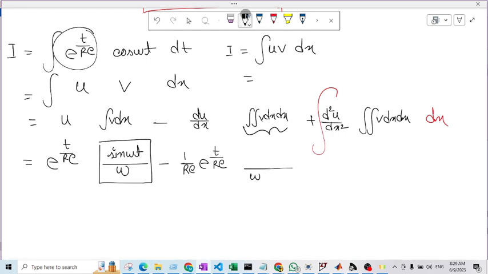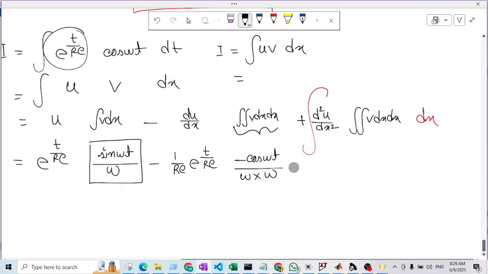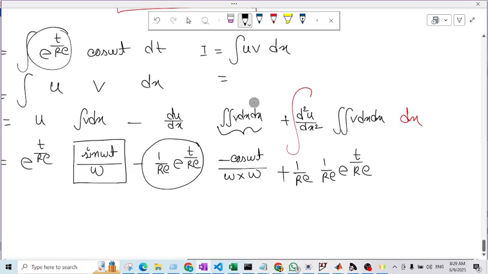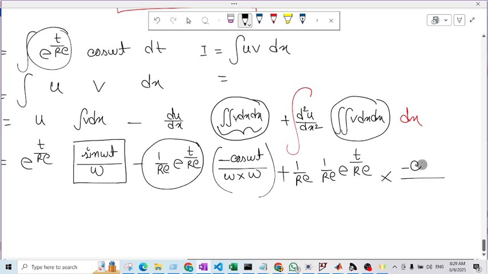Let me write this omega here, and if I integrate this, I will get minus cos omega t, and again omega. Now put a plus here, I have to again differentiate it, du by dx. So let's differentiate this again, then this 1 by RC I simply write here, and again I will get another 1 by RC for differentiating this. And you see that these two things are the same, that means I don't need to further integrate this, so write it as it is here.